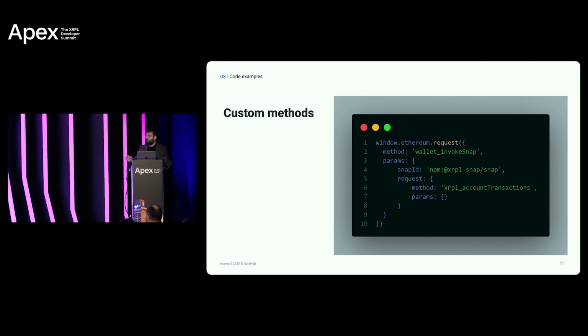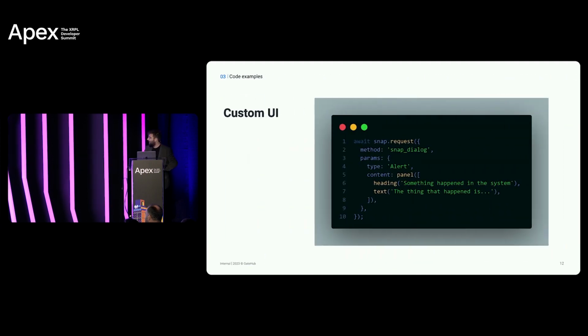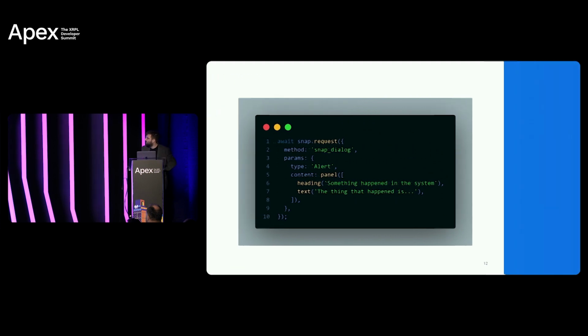But sometimes I want to sign a transaction and submit it, so it's xrpl underscore sign and submit. And that's basically it. It's very simple. We also have documentation, so you can check that out. And this is some of the custom UIs that I was mentioning previously. It's all very simple to do snaps on MetaMask. If somebody has an idea for something other, like, I don't know, Bitcoin or whatever.